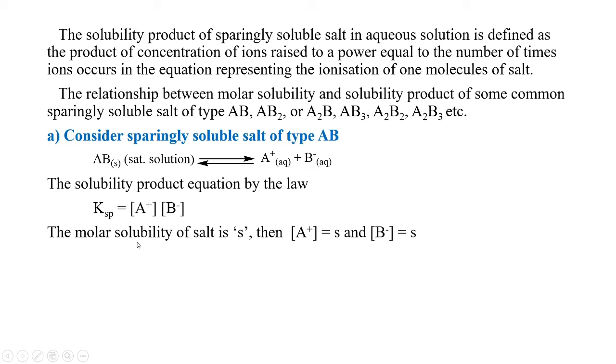Let us consider the molar solubility of the salt is S. Then [A+] is equal to S and [B-] is equal to S. So Ksp is equal to S into S, which is S square. So the solubility of the salt S is equal to square root of Ksp.